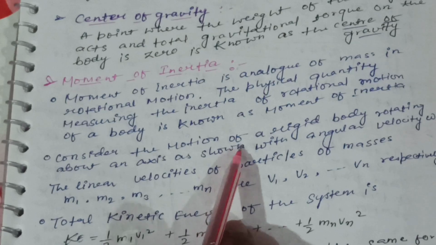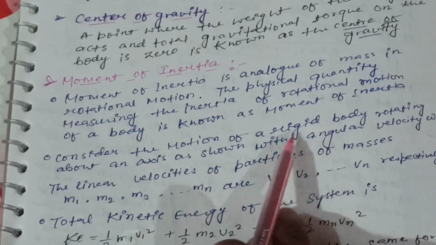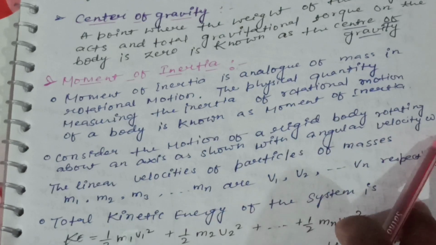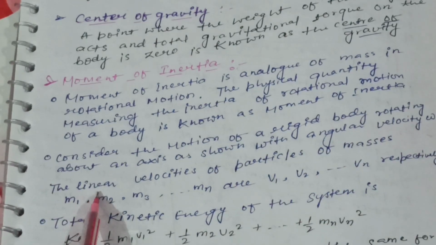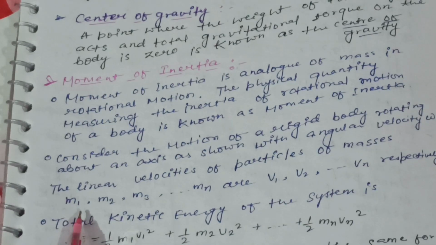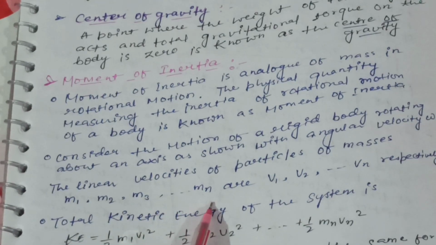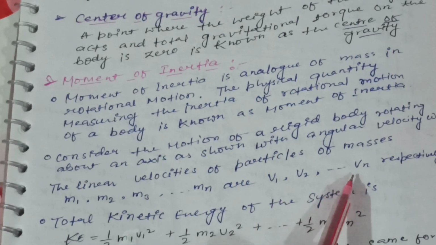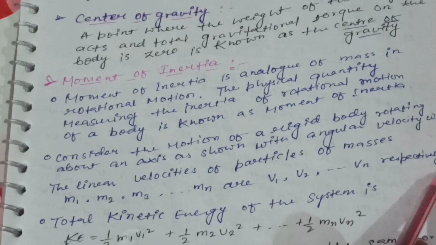Consider the motion of a rigid body rotating about an axis as shown with angular velocity omega. The linear velocities of particles of masses m1, m2, m3 and so on up to mn are v1, v2 and so on up to vn respectively.